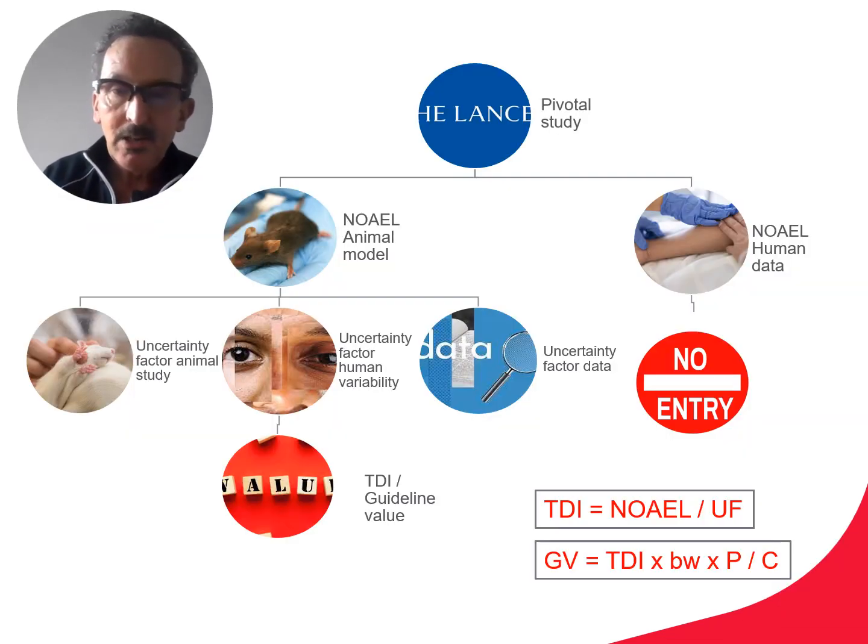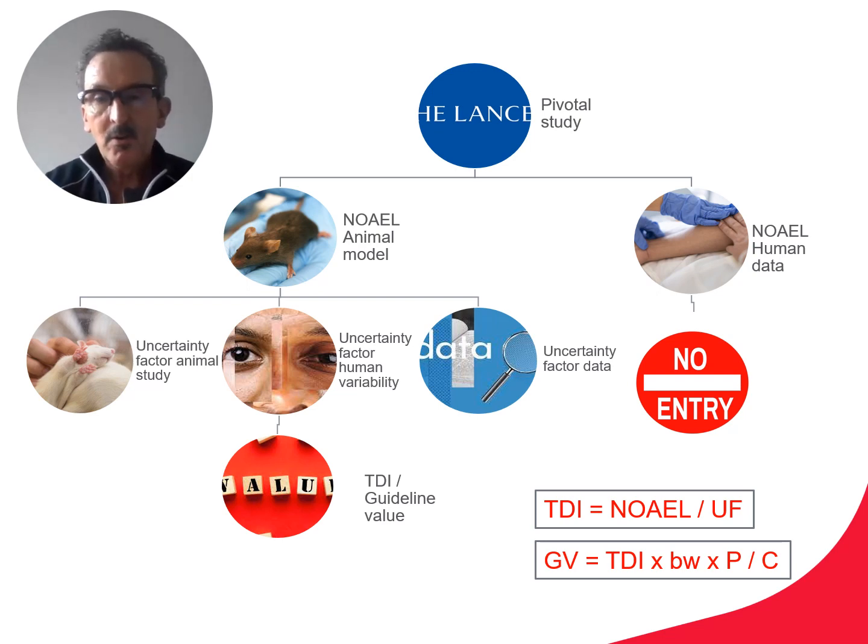So here schematically you can see how the tolerable daily intake of cyanobacterial toxins and the guideline values that are derived from those, how we obtain them. Typically, you need what is known as a pivotal study. Ideally, from a human safety point of view, you would use exposure data, dose response data that are directly obtained from human studies, because then the uncertainty in your data is a lot less than if you use animal models.